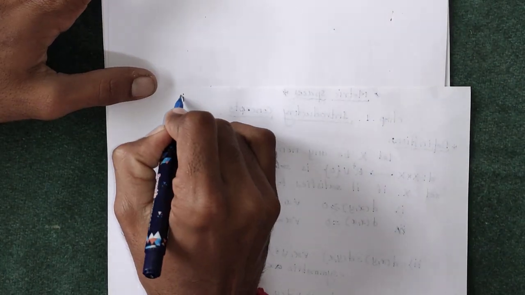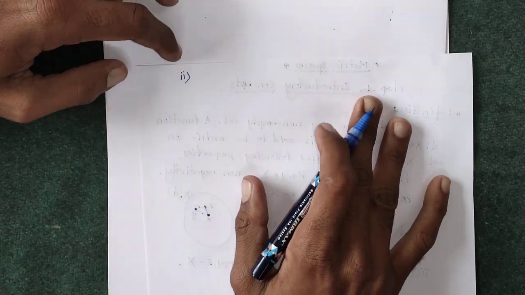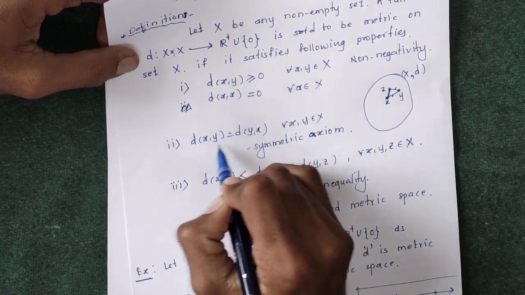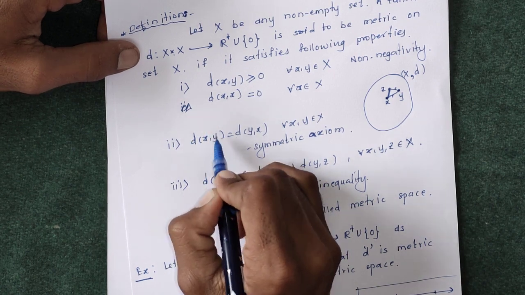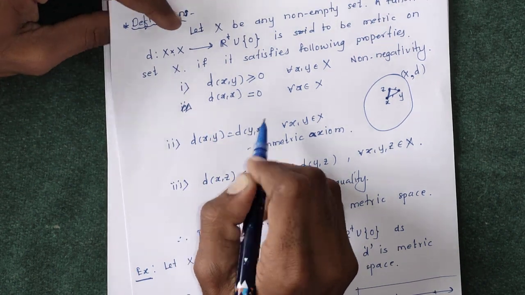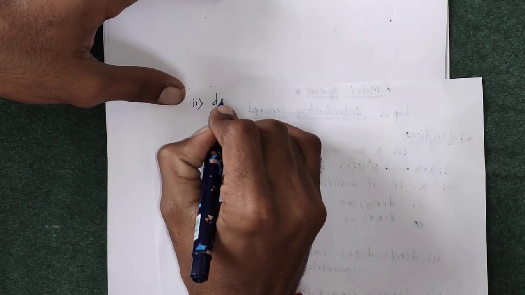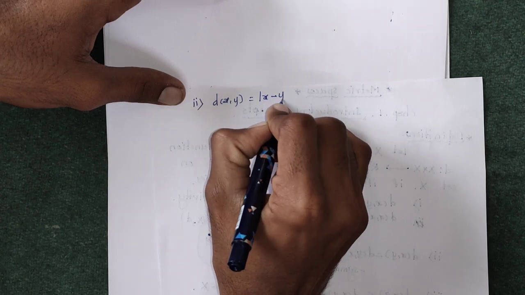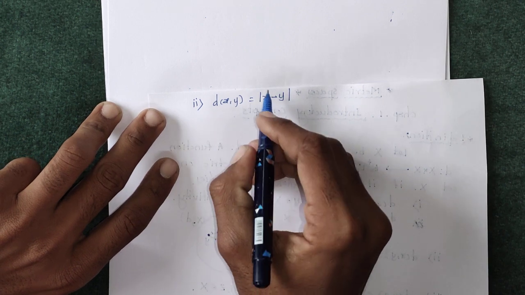The second property is the symmetric axiom, that is, we have to show that distance of x, y is equal to distance of y, x. So first of all we will consider distance of x, y, and we will prove that this distance is equal to distance of y, x. For that we have distance of x, y defined as mod of x minus y, and we have to prove that it is equal to distance of y, x.